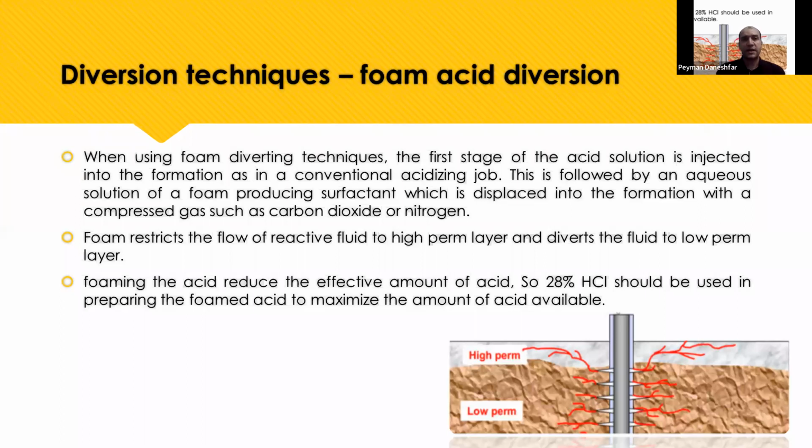Okay, you see that as in conventional acidizing jobs. This is followed by an aqueous solution of a foam producing surfactant, which is displaced into a formation with a compressed gas such as carbon dioxide or nitrogen. Okay, and because of the foaming, the acid reduced the effective amount of acid, so 28% HCl should be used in preparing the foam acid to maximize the amount of the acid volume.